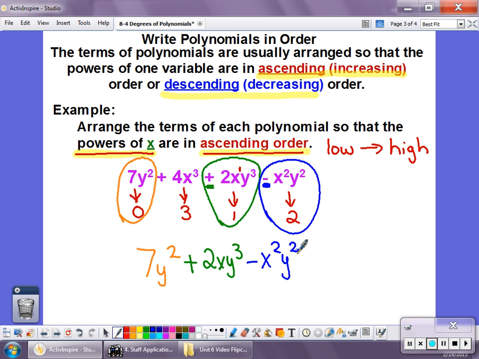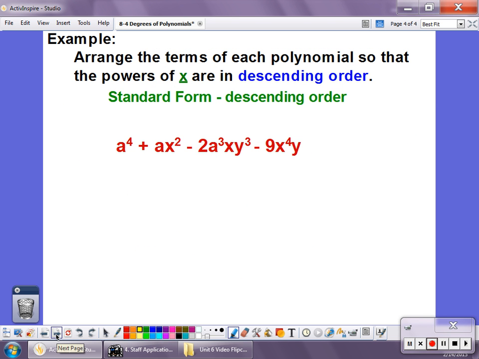And lastly, my highest power of x is right here, 3 x's. So I'm going to finish it off with plus 4x cubed. And then if I want to double check and just make sure that I have everything in the right order, just look at your terms. This has 0 x's, 1, 2, 3. My x's are increasing as I go up, so I know I have them in the correct order.